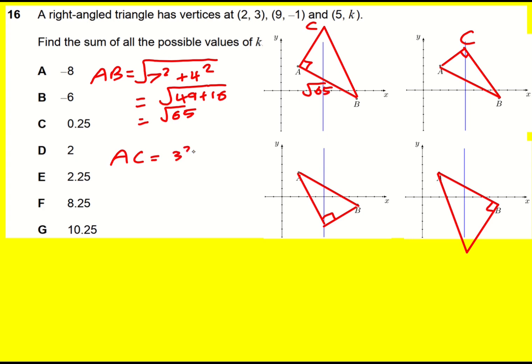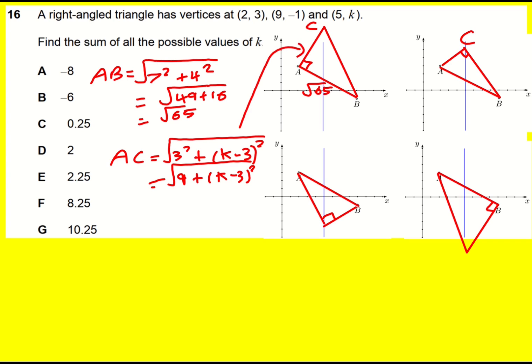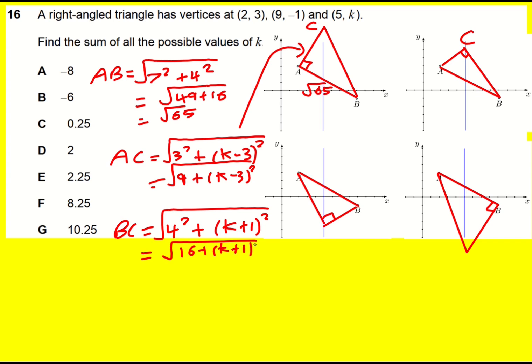That's going to be 3 squared plus, it doesn't matter which way around you subtract because I'm then squaring it, so I'll do the k first, k minus 3 squared, square rooted. And then BC: it's going to be 4 squared plus k minus minus 1, so that's k plus 1 squared, square rooted.